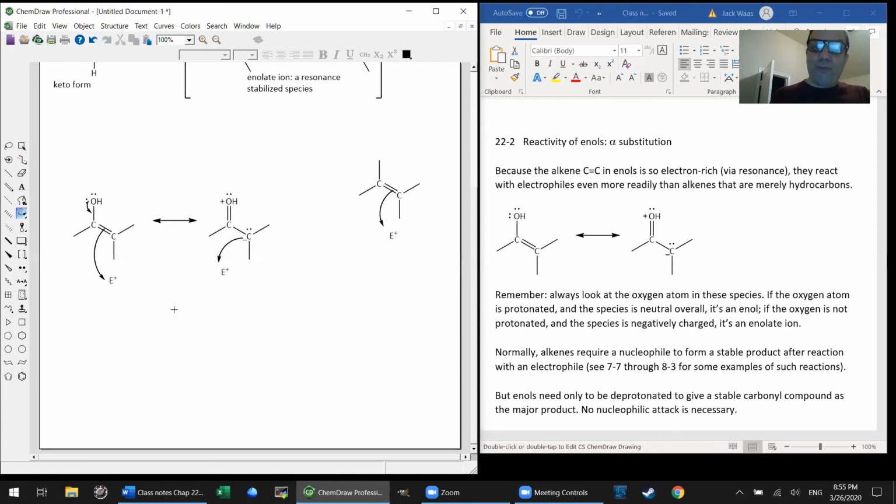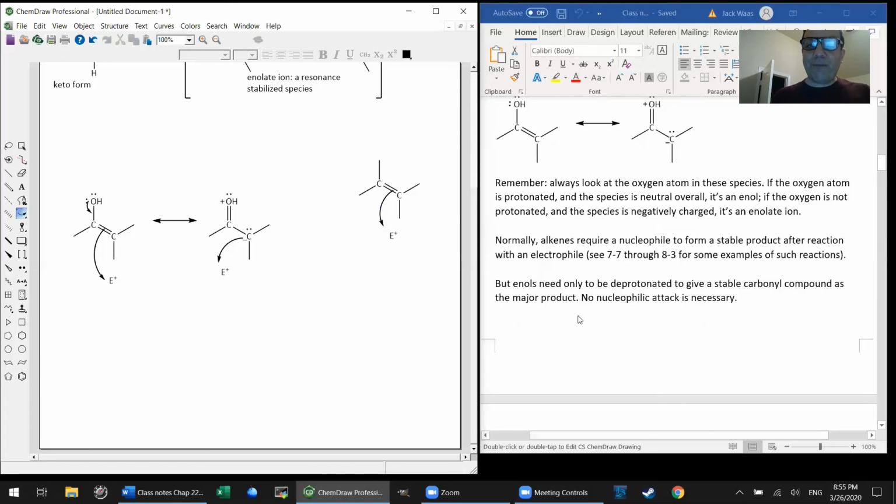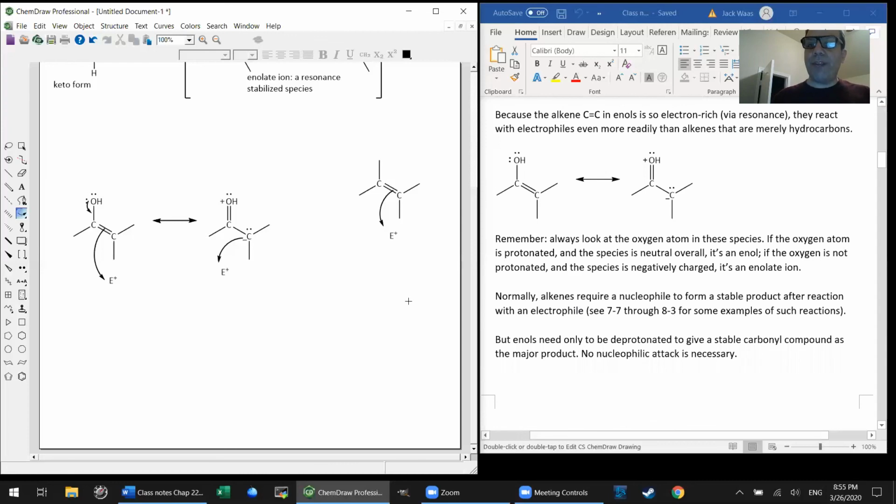I would encourage you to work that out, draw the structures, and convince yourselves of that. But that is why enols are so unstable. Again, you could read unstable as reactive. Enols are very reactive as nucleophiles, and they react readily with electrophiles, even more so than plain old unstabilized alkenes can do. And so that's really the main point that I was making over here.